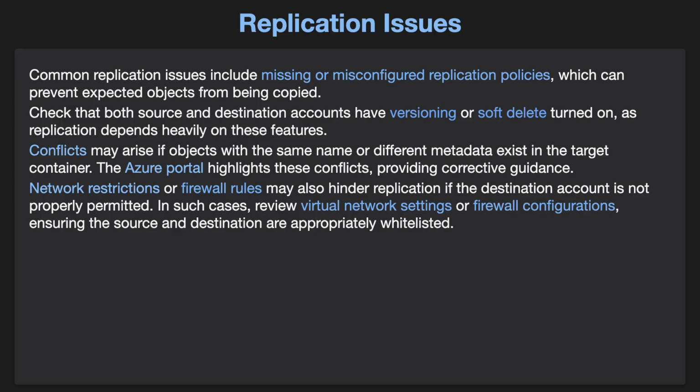The Azure portal highlights these conflicts, providing corrective guidance. Network restrictions or firewall rules may also hinder replication if the destination account is not properly permitted. In such cases, review virtual network settings or firewall configurations, ensuring the source and destination are appropriately whitelisted.